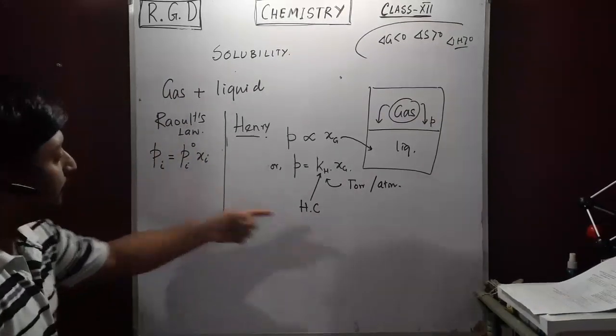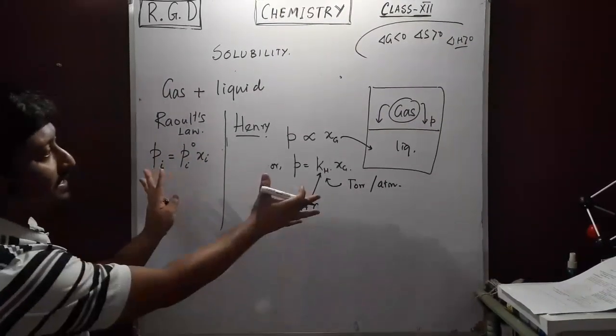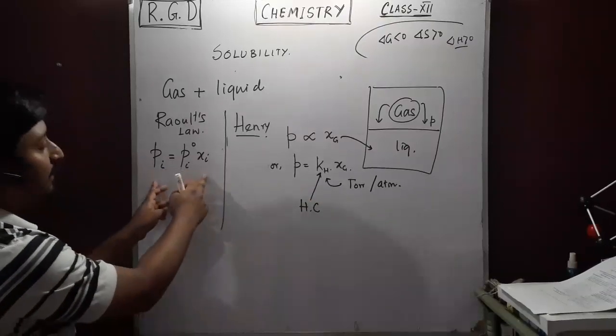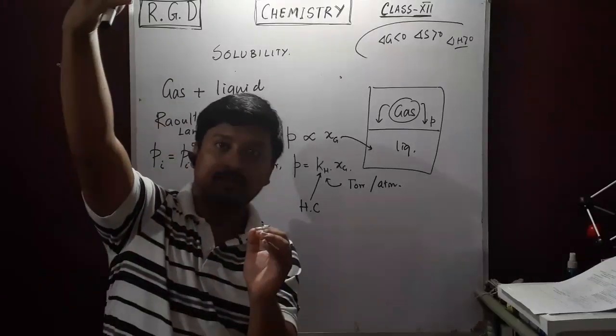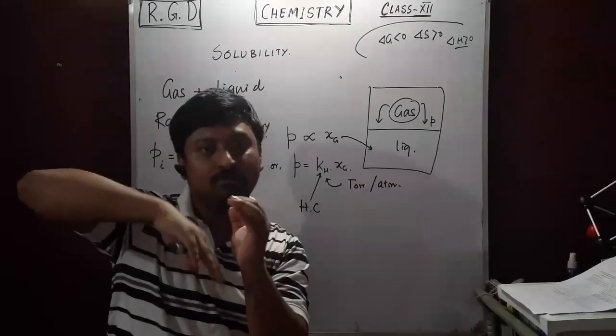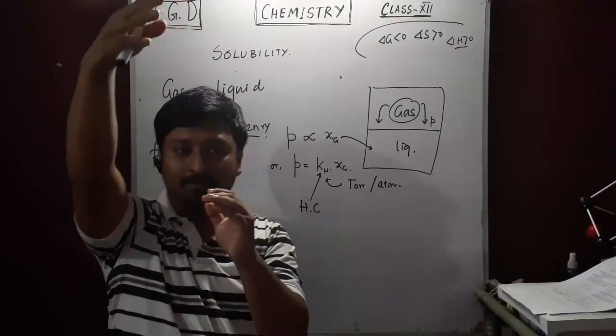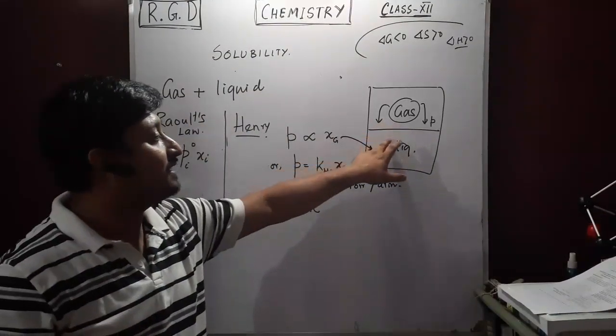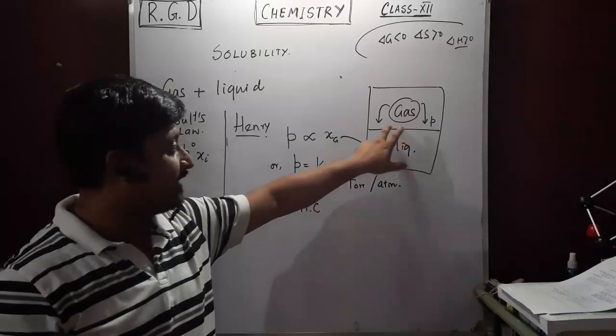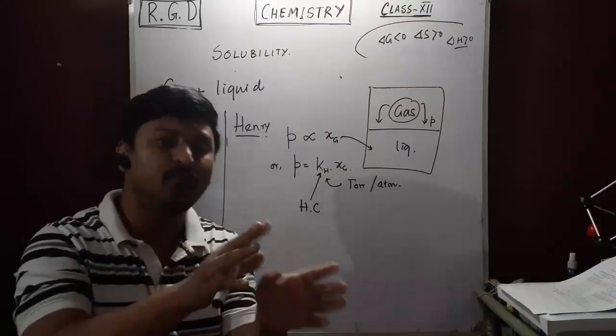So if I compare these two, this is also the same kind of thing. There he talked about the liquid which will vaporize, being volatile, form the vapor and then give a pressure. But here what Henry said is about a gas-liquid mixture, and the gas is exerting the pressure. Both are equivalent.